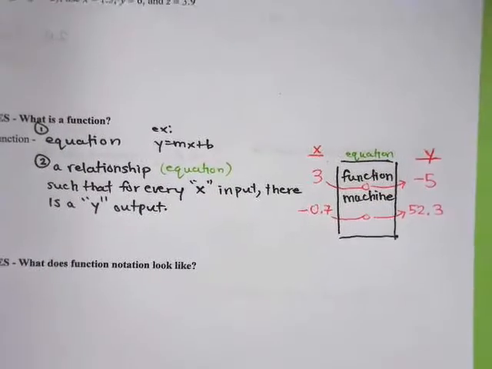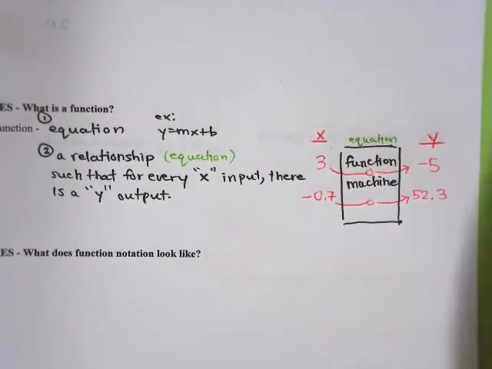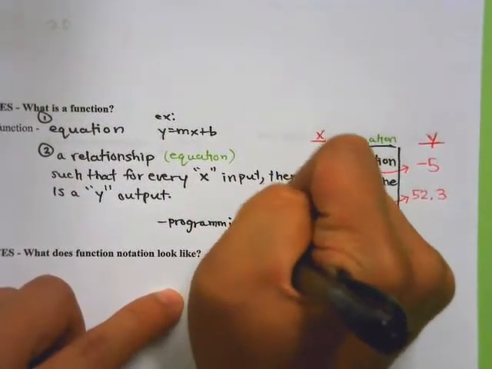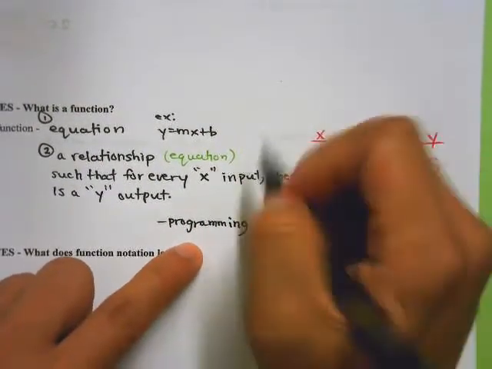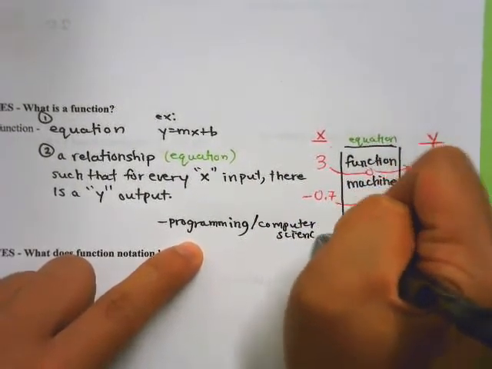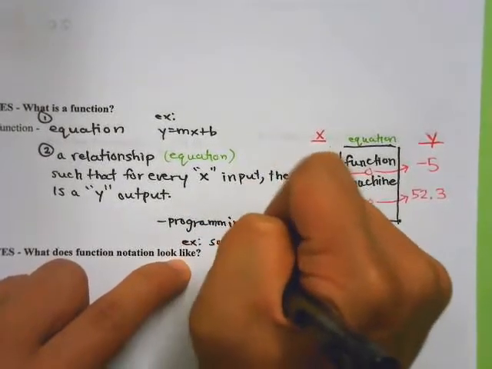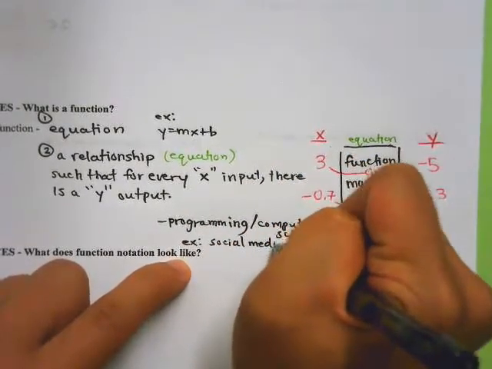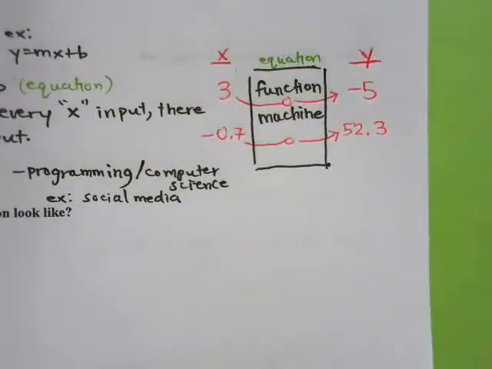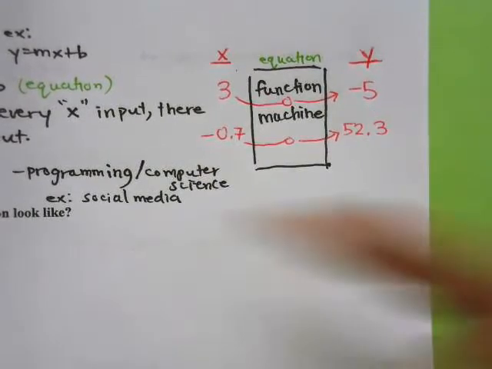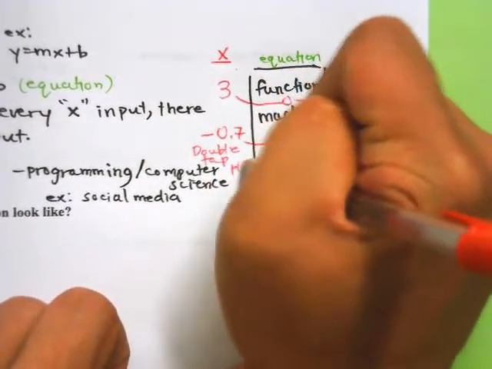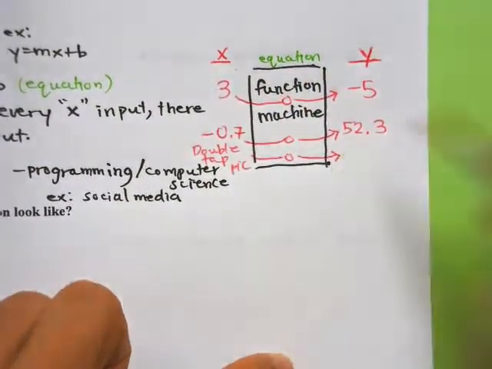And actually, this is a good basis for some of you guys who might want to get into programming or computer science. This is where this type of logic is being used. I know a lot of you guys are on social media, or know people that have social media. Okay, so for example, on Instagram, if you double tap a picture, what happens on IG?